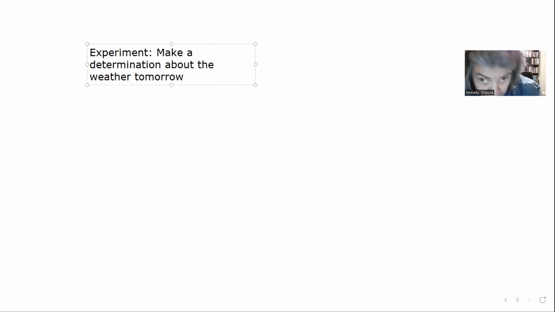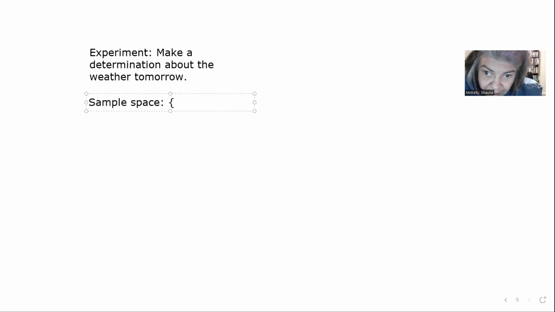Whether we use a computer program, whatever it is, that's our experiment. Our outcomes, so our sample space, these outcomes, remember, are the ones that are possible, are either one of 2 outcomes. We either have rain tomorrow or no rain tomorrow. So it's either going to rain or it's not going to rain.